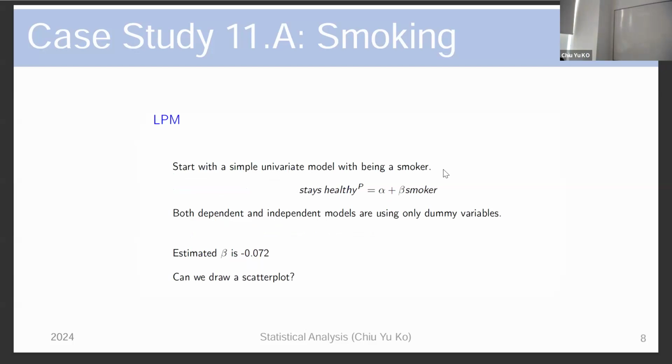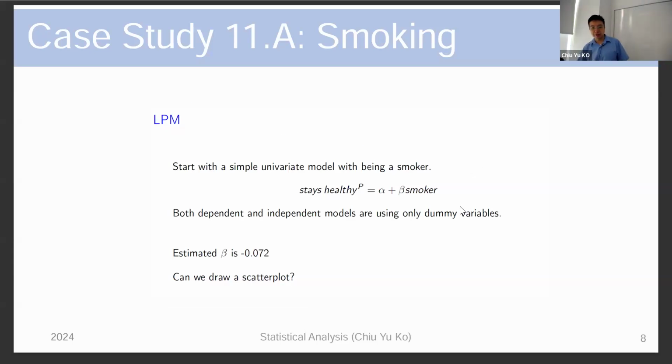This is the most basic one, just simple regression. Do note that healthy or not is just 0-1 in the data. Whether you smoke or not is just 0-1, right? You're a smoker or not a smoker. There's no half smoker. If you smoke half a cigarette, you're still a smoker. It can't be half smoke.